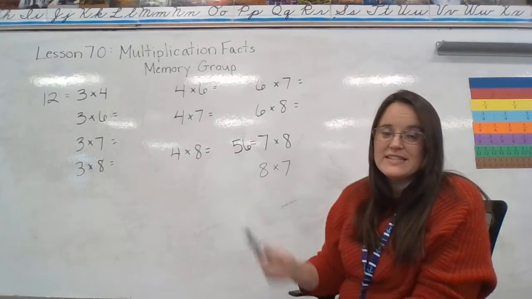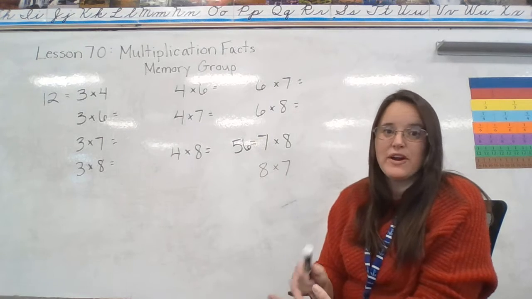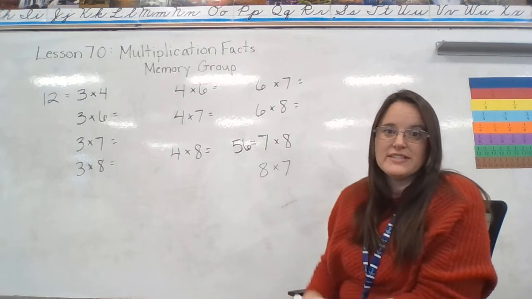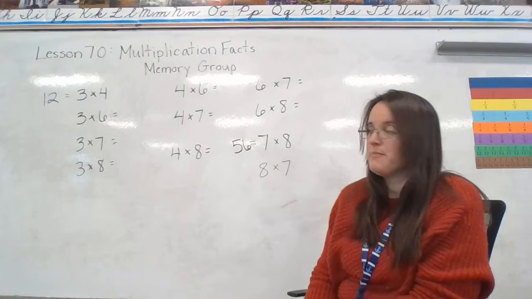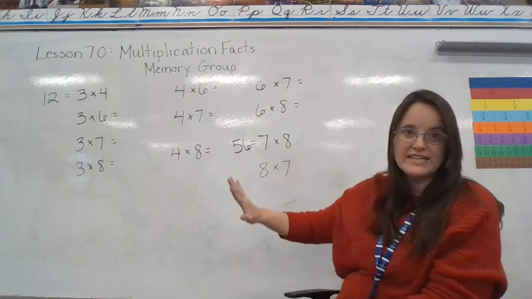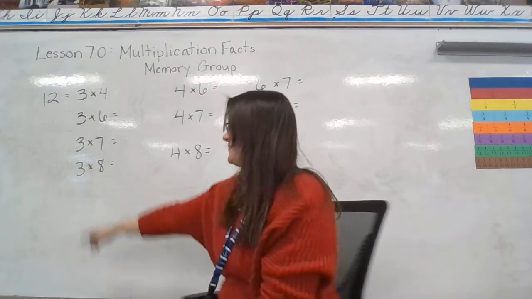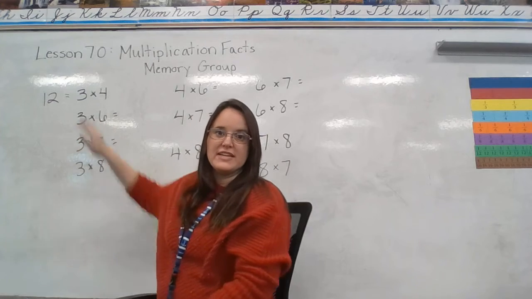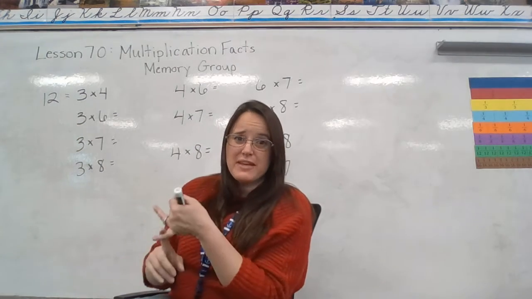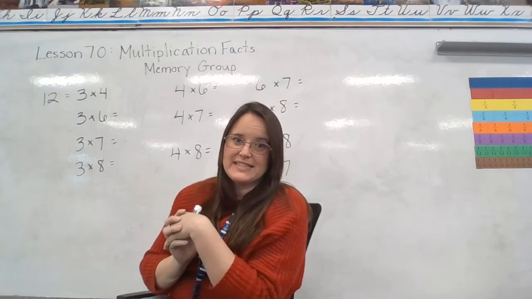For the rest of these, we just have to do our count bys in order to get up to whatever it's asking from us. So we're going to go through this whole list and figure out the answer. Starting with 3 times 6. Do we want to count by 3 or do we want to count by 6?